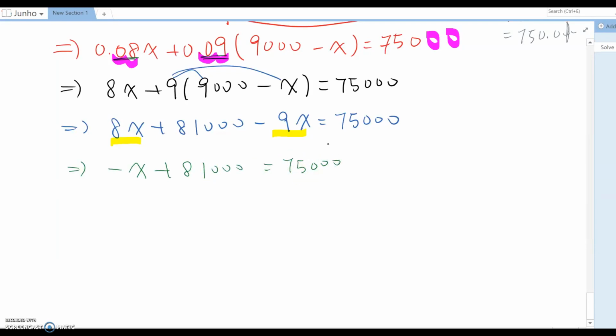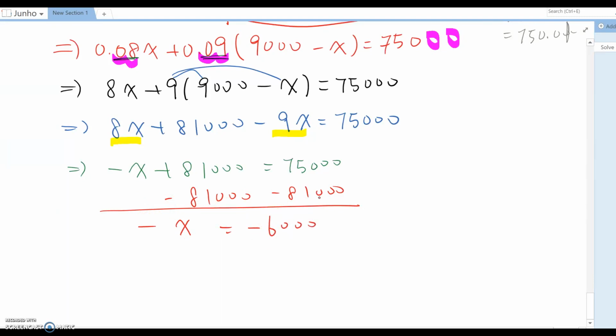We want to isolate the x term alone, so subtract 81,000. Then negative x becomes negative 6,000. So divide by negative 1, so x becomes 6,000, which means y becomes 3,000.